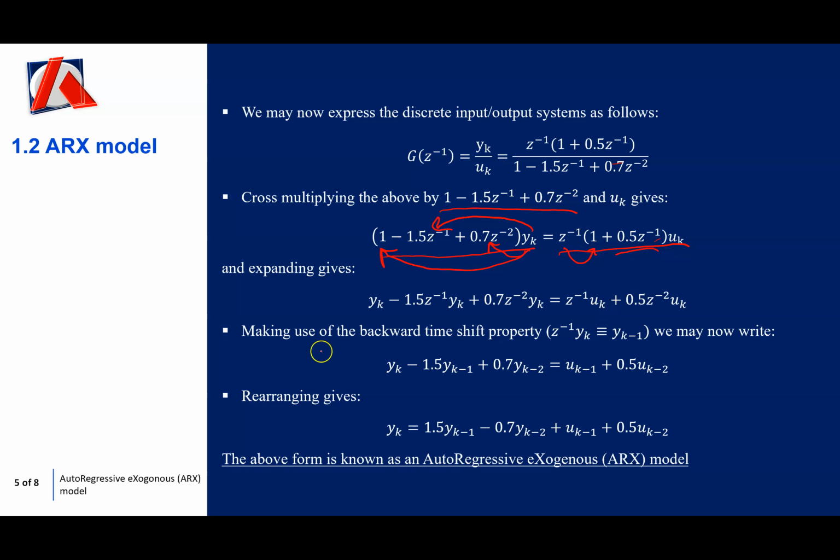So if we make use of the backward time shift property, remember we had z minus 1, when that is acting on y of k, it's identical to y of k minus 1. So if you're looking at this, effectively just replace a term like this one, for example, with y of k minus 1, as I have done down here.